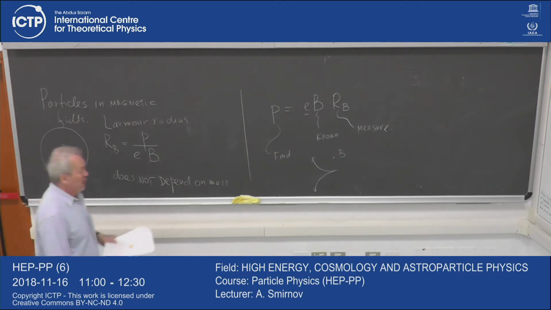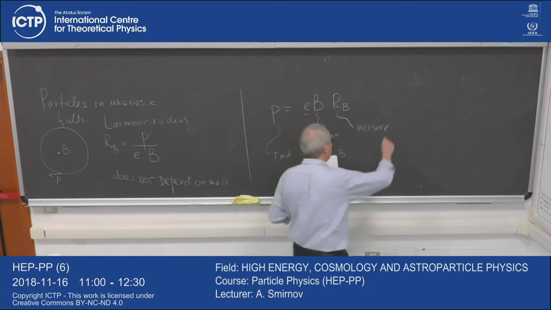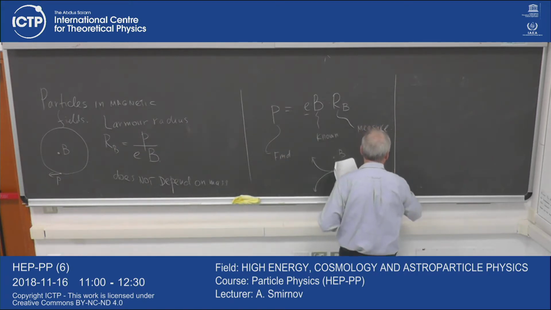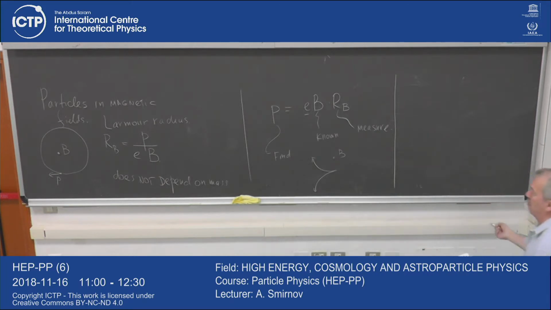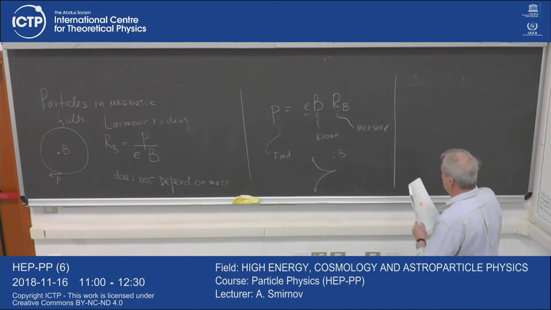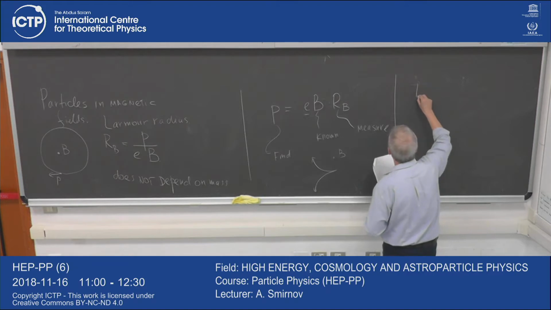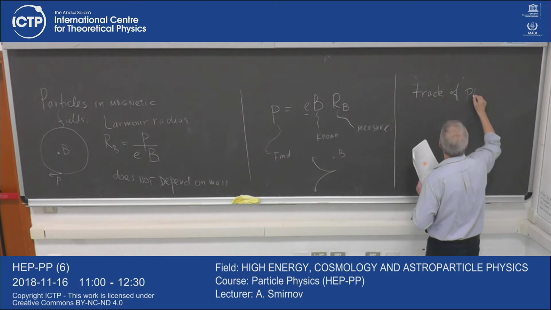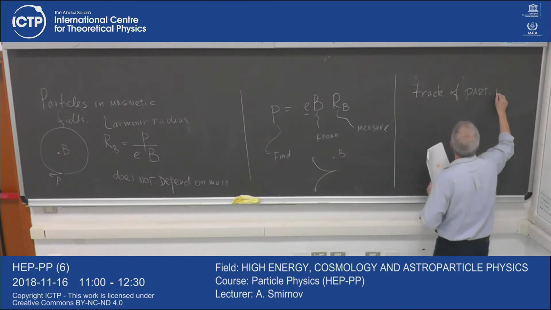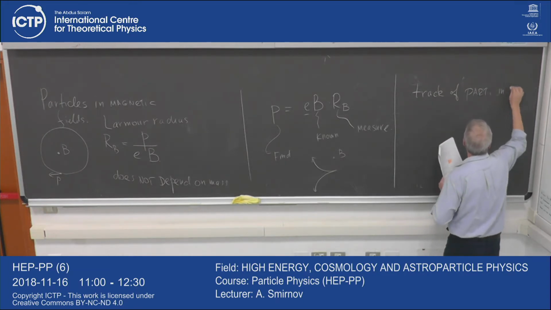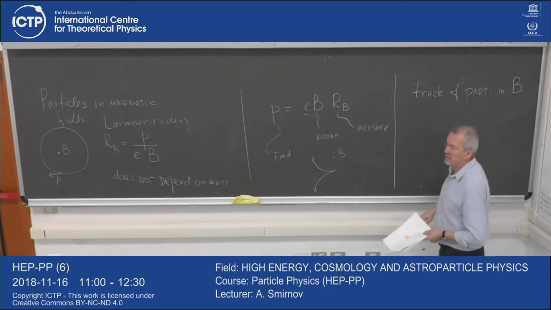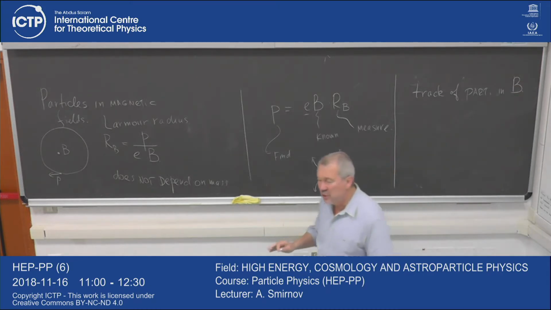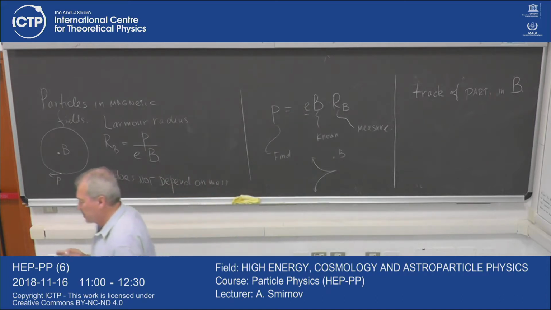So before moving to cosmic rays, let me finally summarize all the tools we possess to study properties of the particles. So what we will in general consider are tracks of particles in magnetic field. So in many experiments we are managing to see the track of the particles.